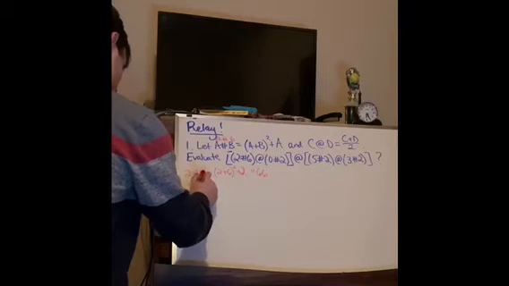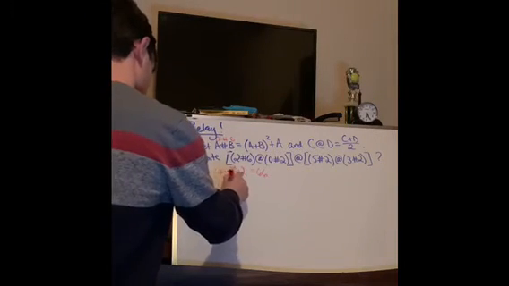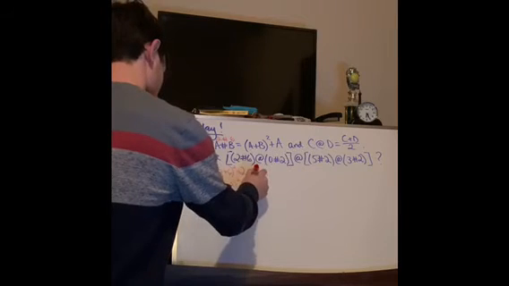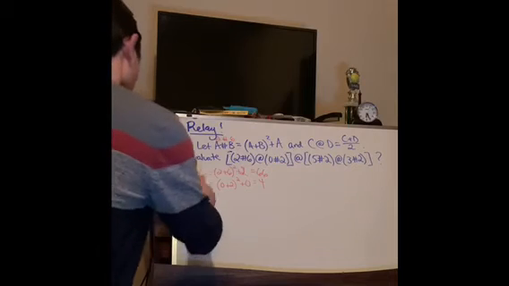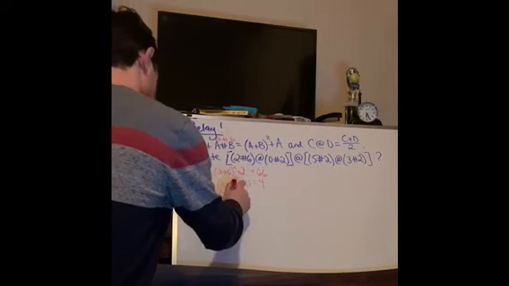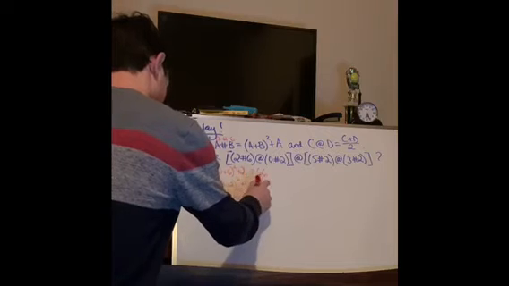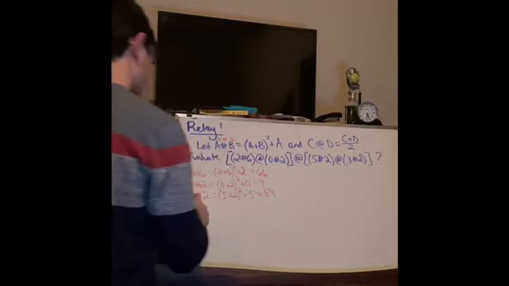0 hashtag 2 is going to be 0 plus 2 squared plus 0, which is 4. 5 hashtag 2 is going to be 5 plus 2 squared plus 5. 7 squared is 49 plus 5 is 54.